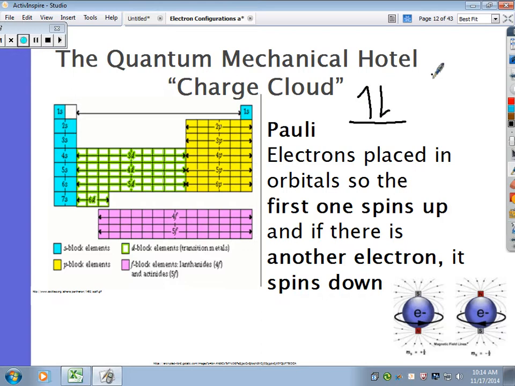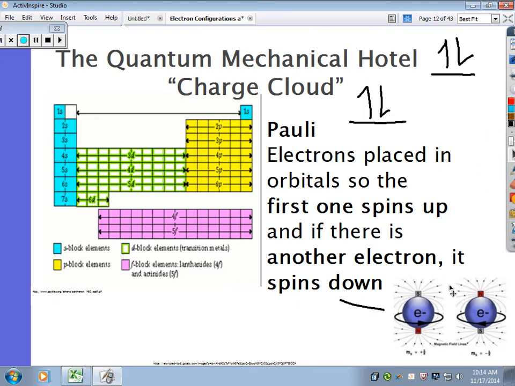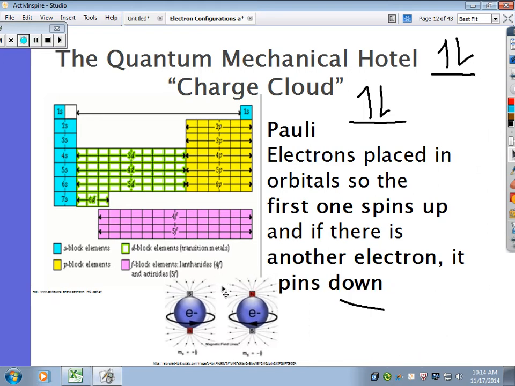So I can have 3 possibilities: a blank line, a line with 1 electron, or a line with 2 electrons. I can't put any more in there though, because electrons can spin one way or the other, clockwise or counterclockwise. There's no other way to put an electron in that spot.